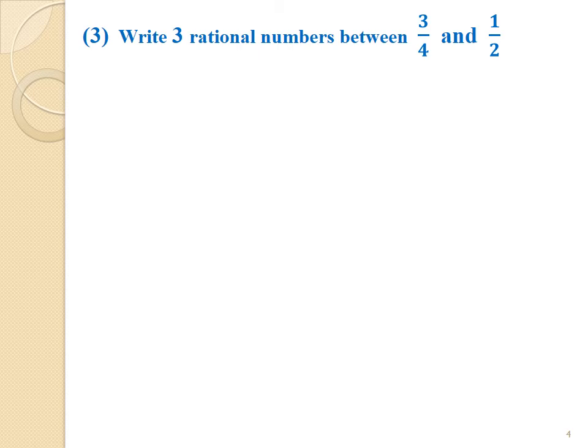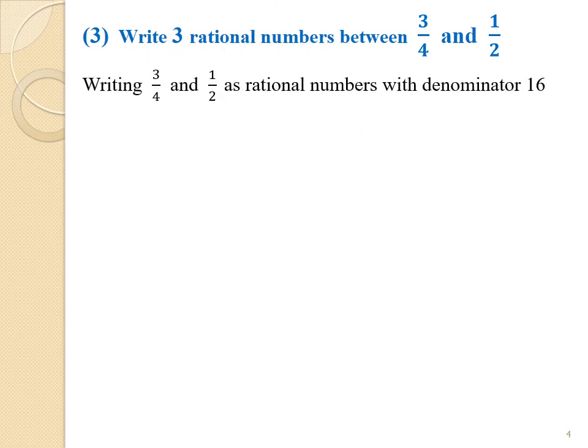So, we opted for the denominator 16. So, now let us rewrite the two given numbers with denominator 16. Thus, multiplying denominator 4 by 4 and also 3 by 4 as we want denominator 16, we get 12 upon 16.